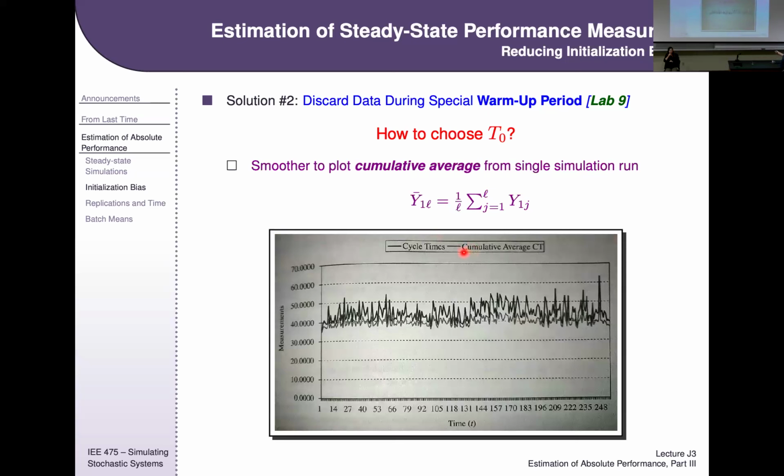And the light line is where you've averaged it, where you're saying that I'm going to take a window of time and produce the averages of all of the real data and then output that average. And so that smooths things out, that filters things out. And maybe then in this smoother portion, it's easier to see that, okay, maybe the transients ended around here. So that's one thing you can do. You can just filter your data.